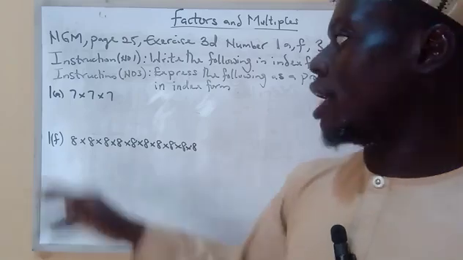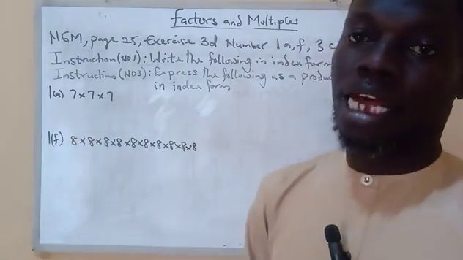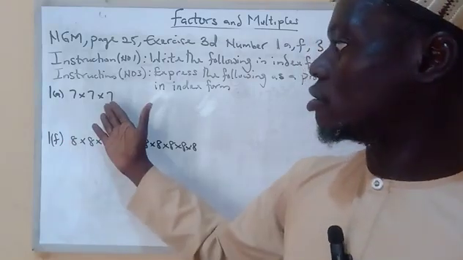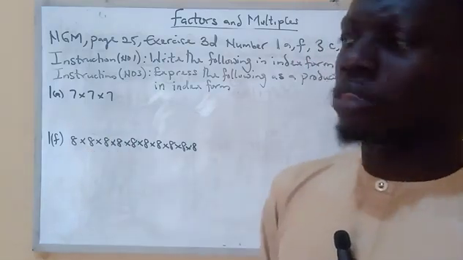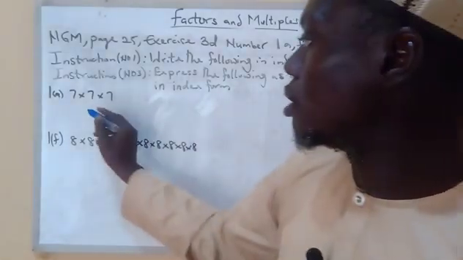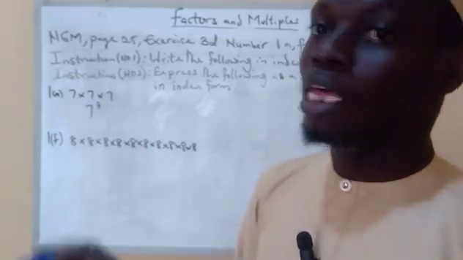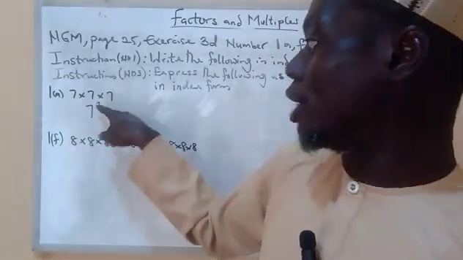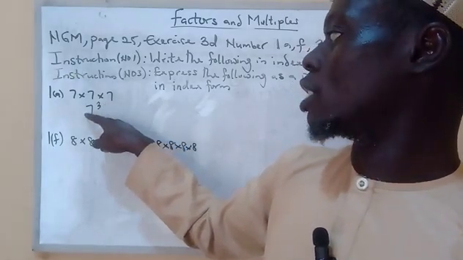The 1A says 7 times 7 times 7, that we should write it in index form. How many 7s are here? We have 3 7s. So we can write this in a short form, which is called index form, as 7 raised to power 3. The 3 must be seen to be raised. So this is 7 raised to power 3.